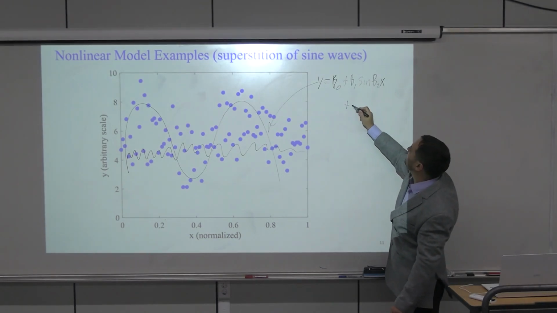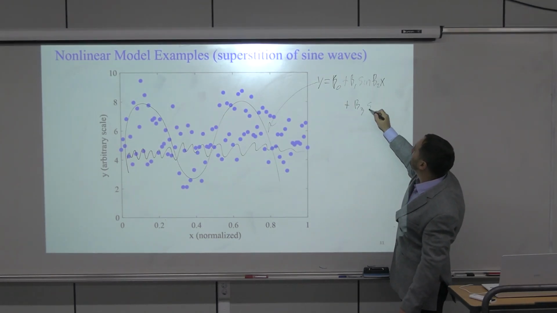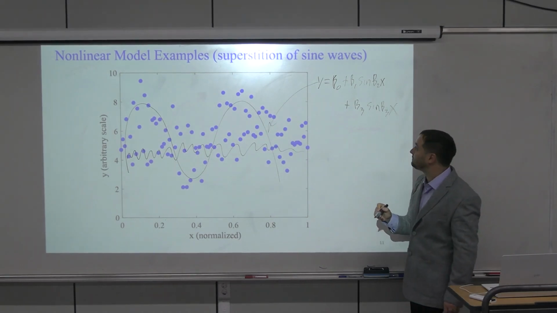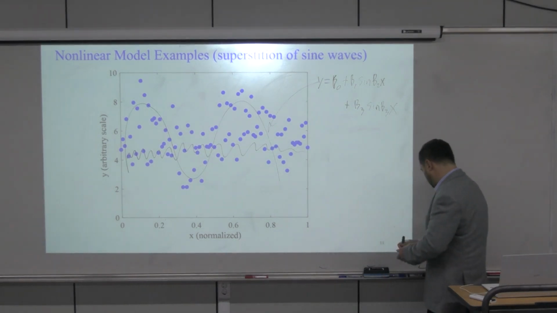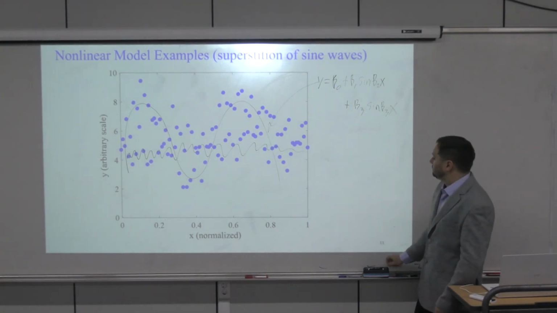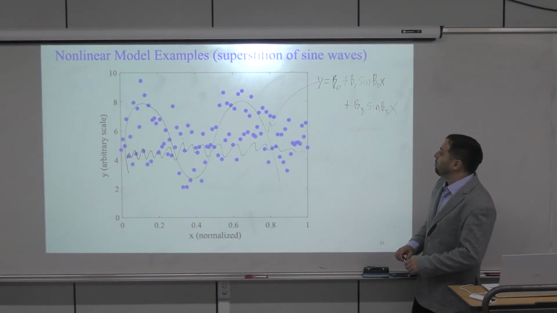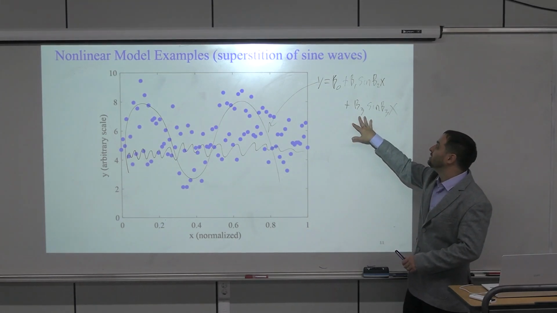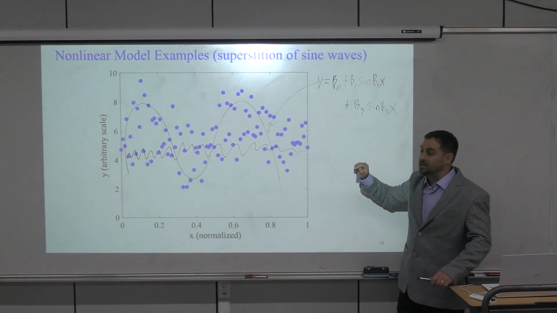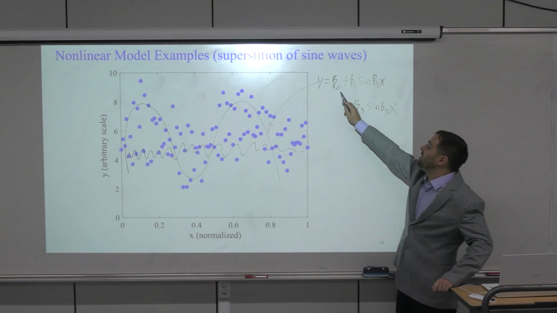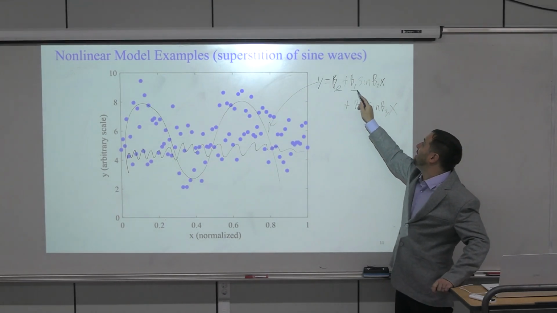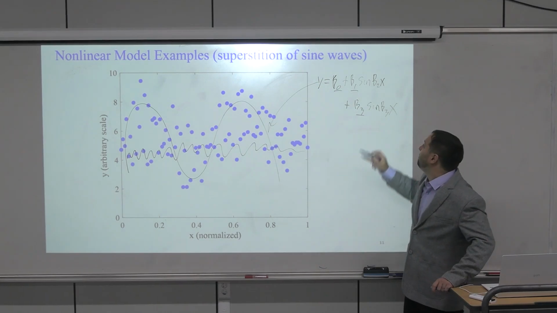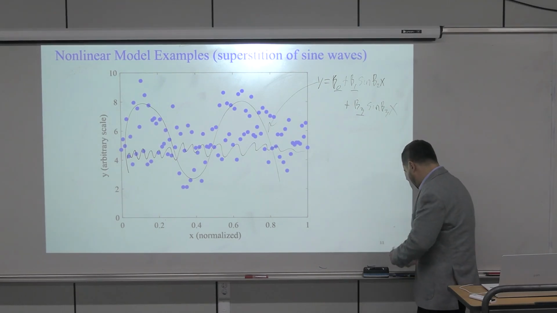And then plus, let's call it beta 3 times sine of beta 4 times x. Okay? So in this example, this is a nonlinear model because of our fitting coefficients, beta naught, beta 1, and beta 3.